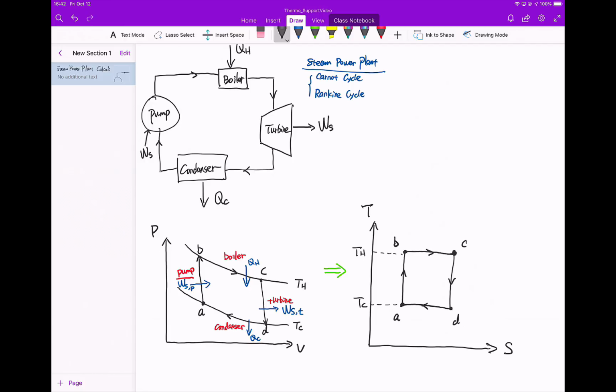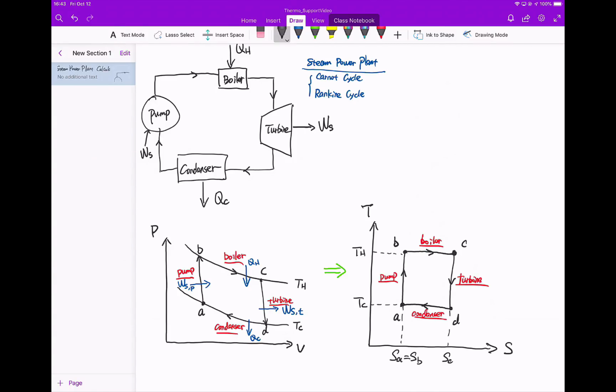Alright, so of course I'm still having this as pump, boiler, turbine, condenser over there. And along that process, I'm going to have SA equals SB.